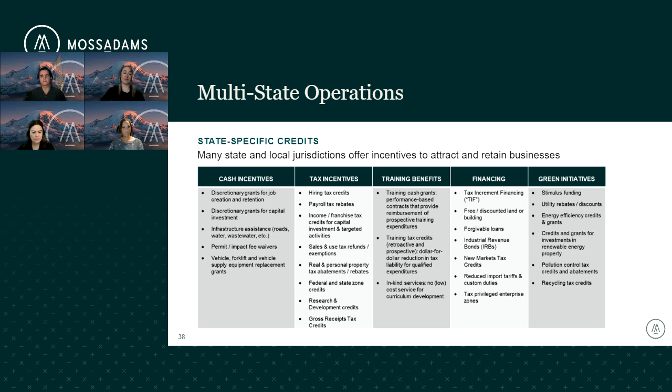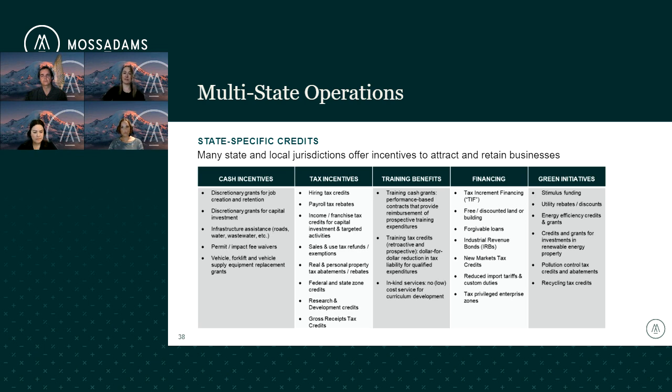Another type of incentives are tax incentives. This could be income franchise tax credits for capital investments and targeted activities, sales and use tax refunds, real and personal property tax abatements, research and development credits, gross receipts tax credits, different things like that.